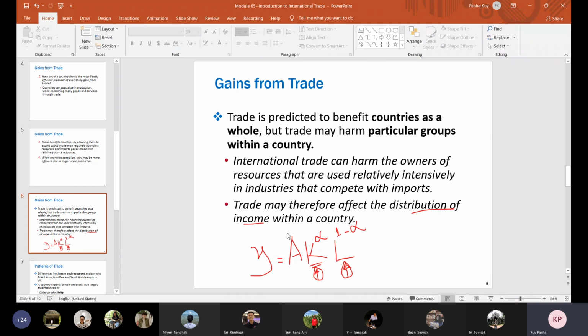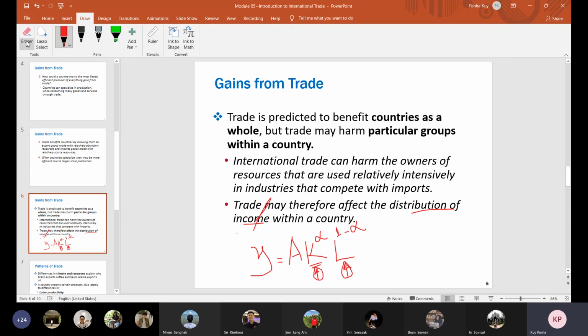So it will impact the farmers who grow radish and carrots, right? And what is the gain from trade that people receive? The dealers who import the radish and sell to the market gain higher benefits. At the end of the day, the income distribution might not be equal. Does it make sense to you all?